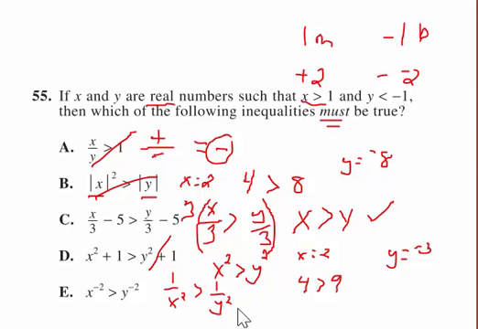Similar to the one before it, we can substitute numbers in, because remember when we square a y, it makes it positive. So we can plug in numbers where this would be false. So it's not true. And C still is our answer.